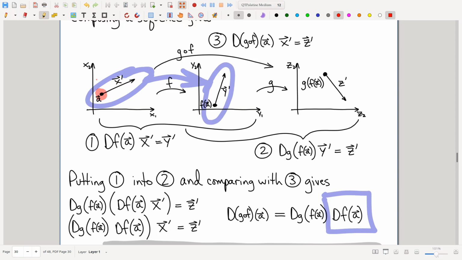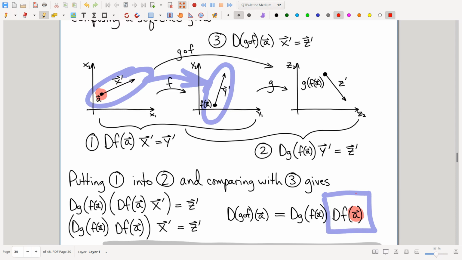In other words, I'm moving with velocity x prime and I want to know what my output velocity y prime is. Where am I? Well, I'm at whatever this point is in the domain. That's where stuff's happening. That's where I compute everything in question. That is the point where I evaluate df. Okay, so that's the first big idea. When you're looking at a derivative matrix, you evaluate at the point where you're at.